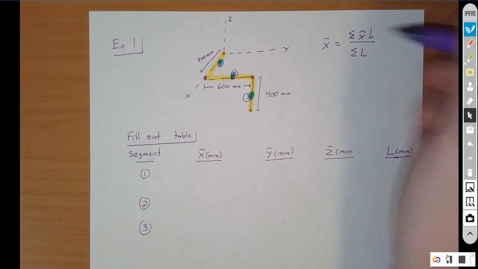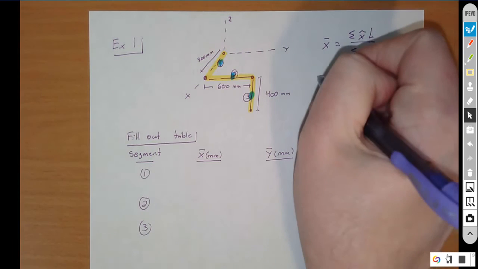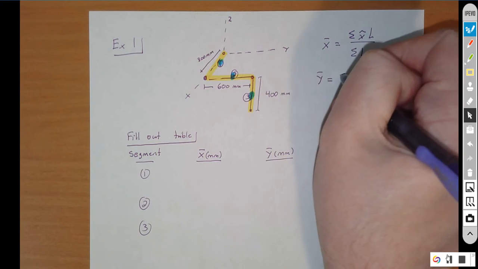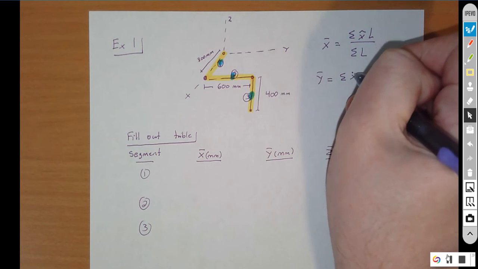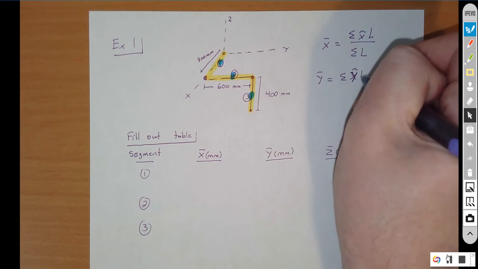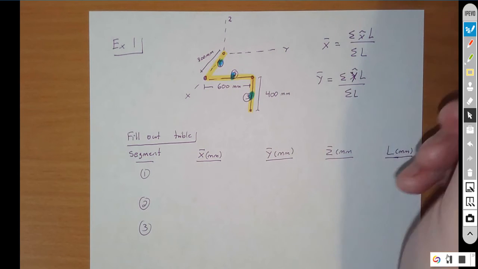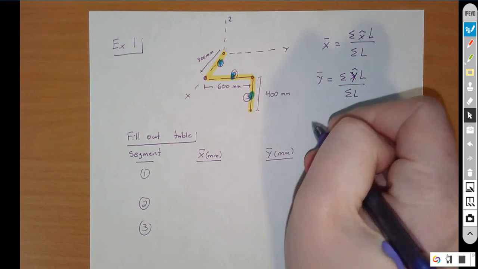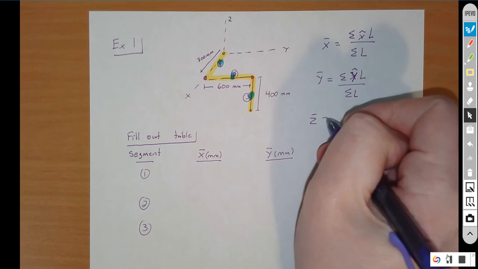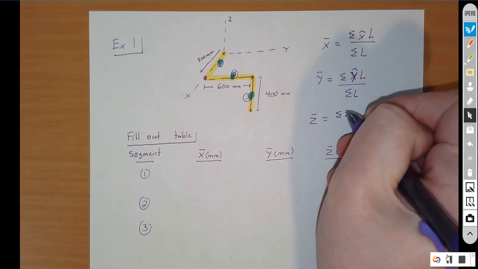And we would add all those up. And that would give us x bar. Y bar and z bar look similar. Oops, they should be a y. There we go. So the cool thing is once you find sum of L, it doesn't change for any of these, so you don't need to resolve for it. You just solve for the numerator.